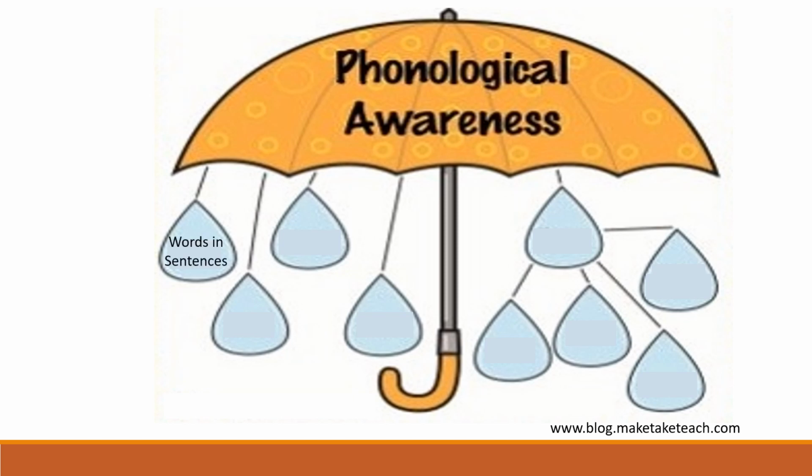The skill on the far left of the umbrella is segmenting sentences into words. An example would be teaching students to clap once for each word in the sentence, I see a puppy. There was a time when phonological awareness was defined more broadly, and segmenting sentences into words was thought to be a useful pre-literacy activity.